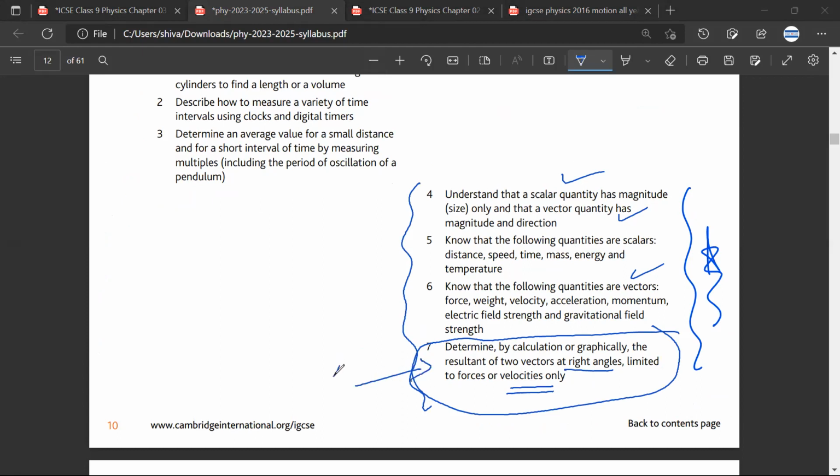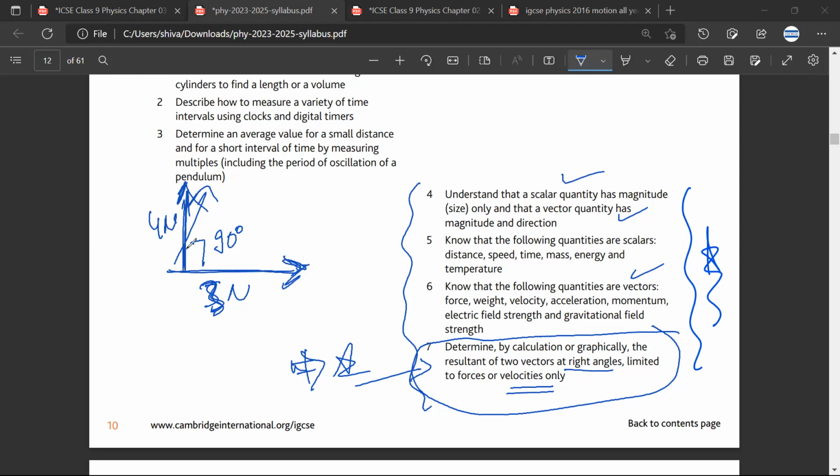This is one of the topics they might have done, and we will also do how to add two vectors. For example, let me call this 3 Newton, and this is 4 Newton, and the angle between them is 90 degrees. So how to find the resultant of these two vectors? Chris, is it making sense? Yes, sir. Great.